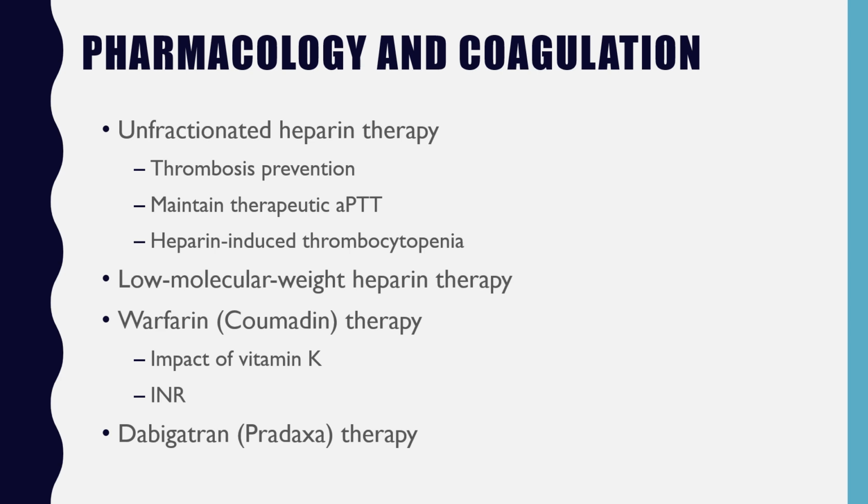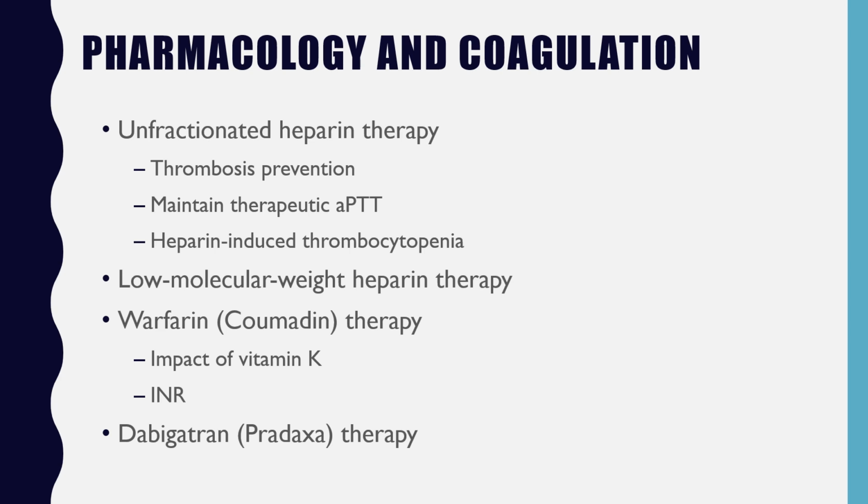So just some pharmacological considerations is unfractionated heparin or low molecular weight heparin therapy, which is Lovenox, can be given early in symptoms of this. That's what stops the microthrombi from forming and eating up all of those clotting factors that ultimately lead to the bleeding. So if we catch it early, we can give some of these anticoagulants to help.